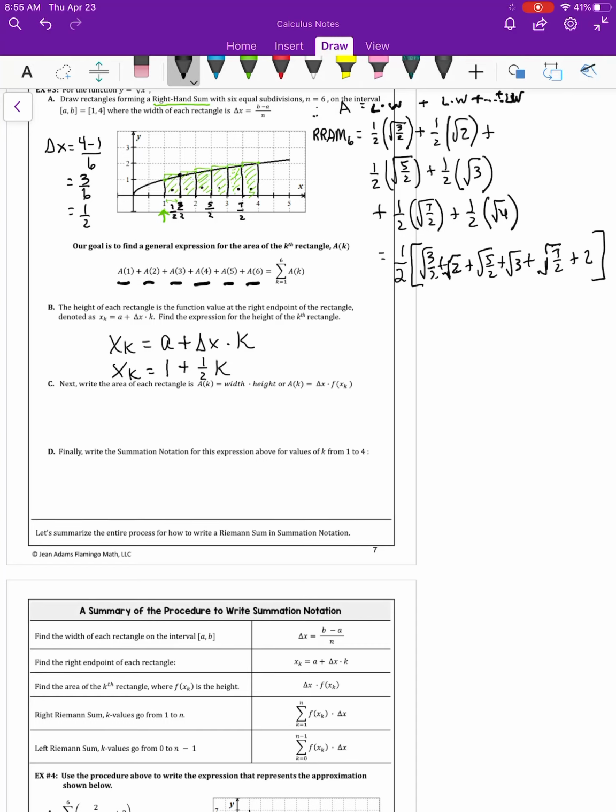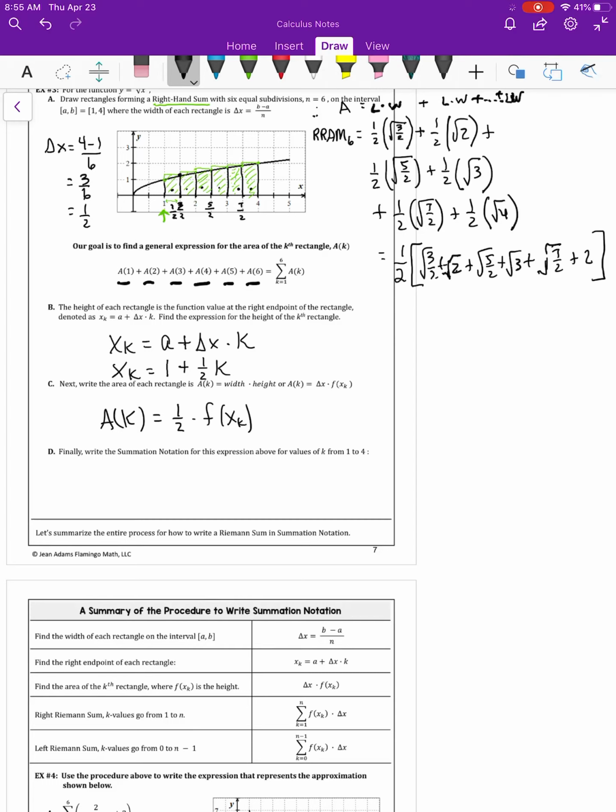So your x sub k is equal to a plus delta x times k. Now your a is 1. Like, look, there's your a, b. So we're just putting in 1 for a. Your delta x is 1/2. So there's your x sub k, 1 plus 1/2 k.